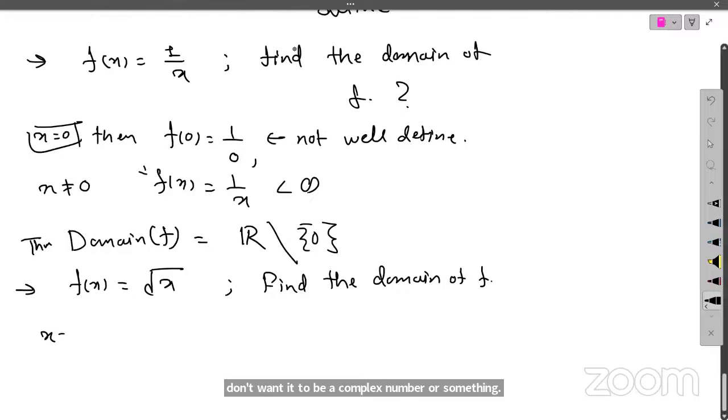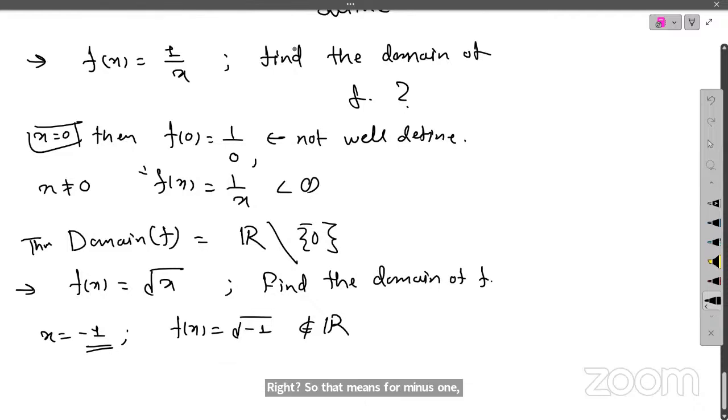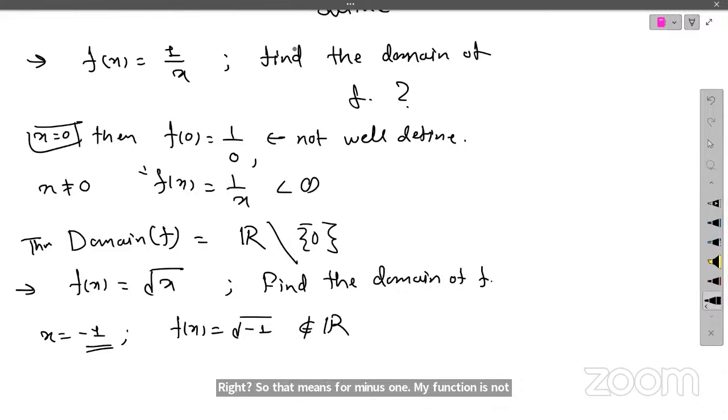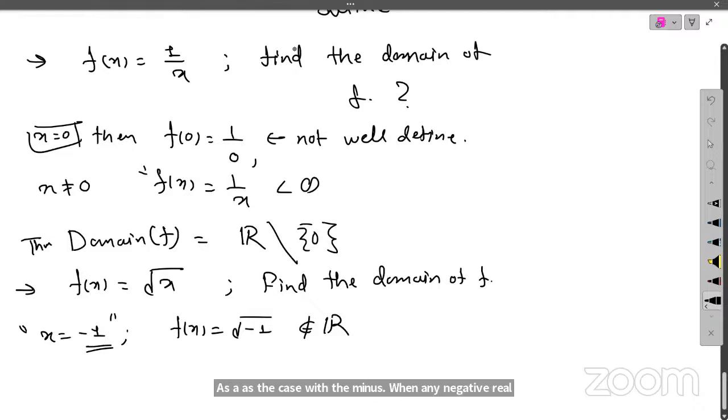So if you take x to be any negative real number, suppose x is equal to -1, then f of x is the square root of -1, and it's not a real number, right? So that means for -1 my function is not well defined, and that's why -1 won't be in our domain. As with -1, any negative real number won't be in our domain.